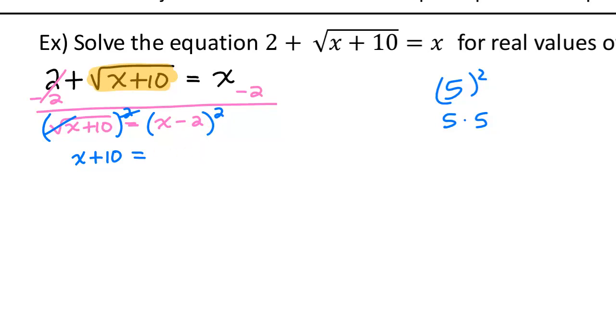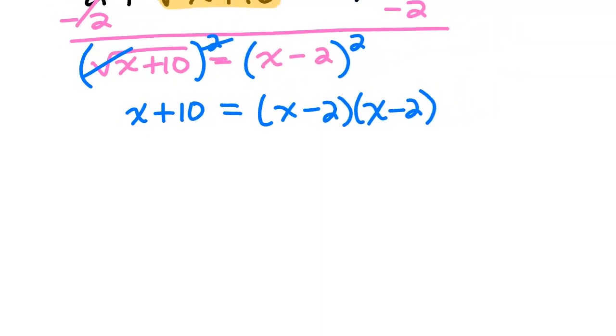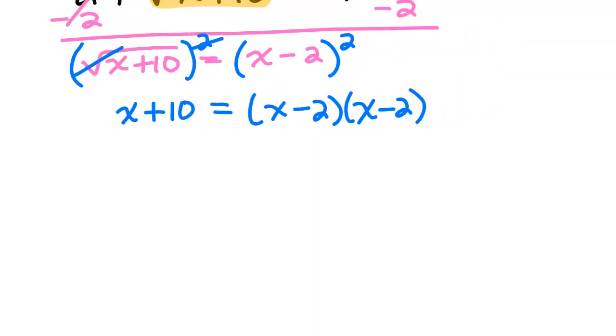So really I'm doing x minus 2 times x minus 2. I have to multiply by itself twice. And so when we get there, really what that means is you have to take the x and distribute this way.